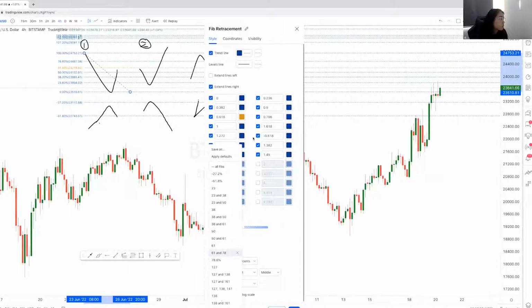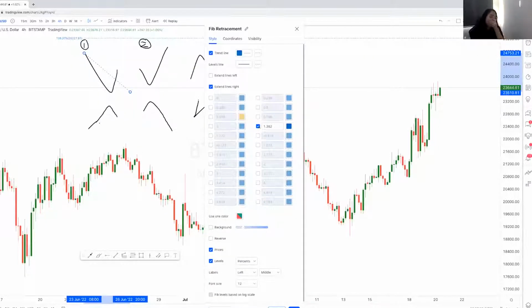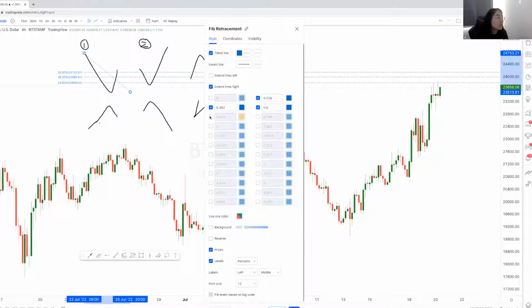Then I'm only going to pull out the 5 Fibonacci retracement levels, which are the 23.6, the 38.2, the 50%, the 61.8%, and the 78.6%. So these are the 5 levels you want to take note of.